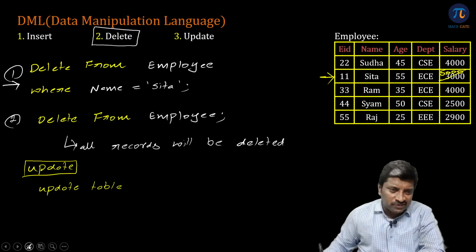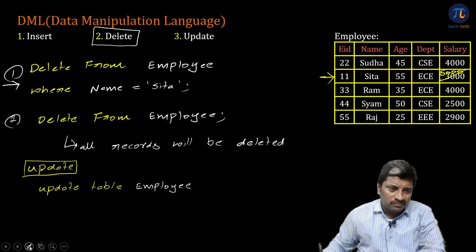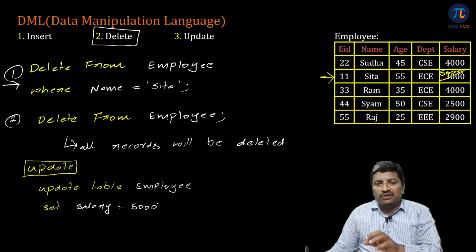These two are the keywords. What is the table name? Employee. Fine. Then what you want to do, sir? You want to set the value. Set salary equal to 5,000. Sir, it will set the value to 5,000.